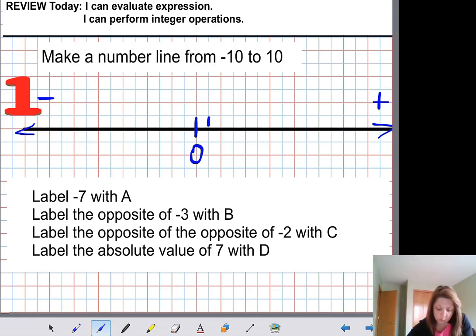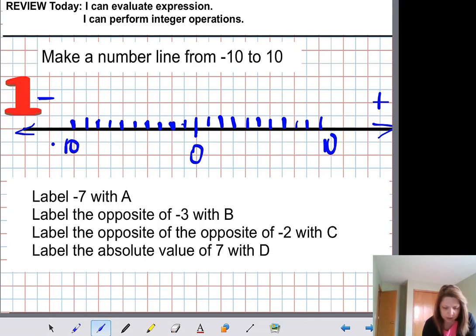So it will be +1, 2, 3, 4, 5, 6, 7, 8, 9, 10. 10 will be the last mark here. Then I will put -1, -2, -3, -4, -5, -6, -7, -8, -9, -10. -10 will be the other end on the left.